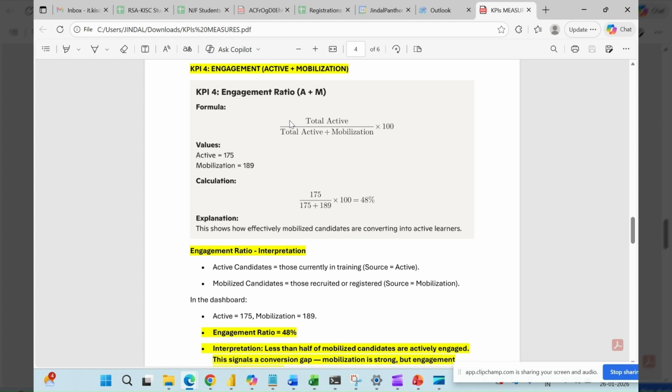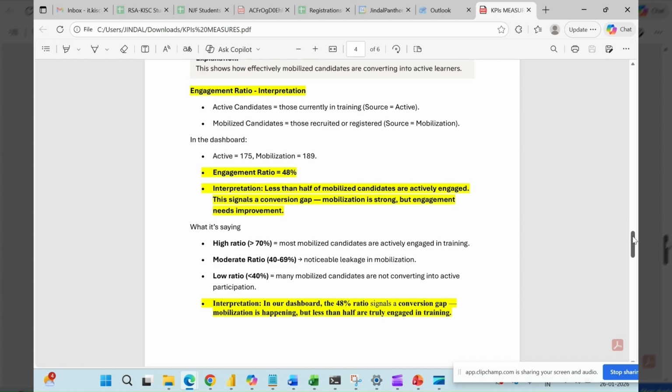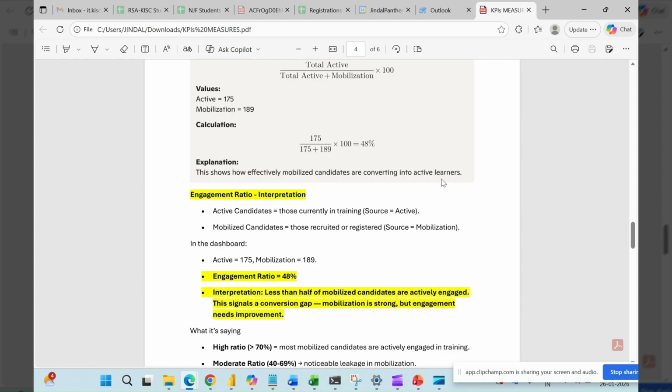So the formula is total active over total active plus mobilization into 100. Right now we have data: 175 for active, 189 for mobilization. 175 divided by 175 plus 189 into 100 is equal to 48%. This shows how mobilized candidates are converted into active learners.